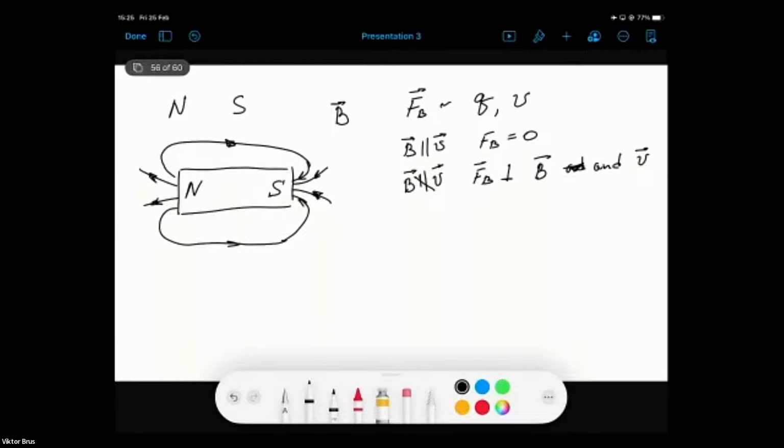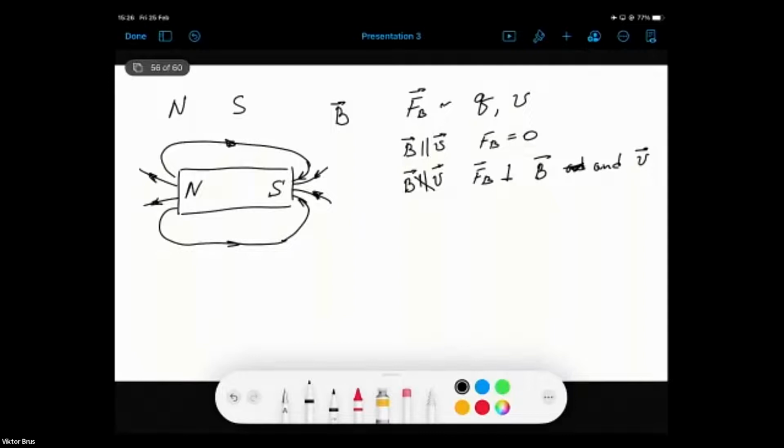By the way, another factor which should be highlighted is that the orientation of the magnetic force vector depends on the sign of the electric charge. So if we change the sign of electric charge from positive to negative, then the force vector will just be rearranged in the opposite direction.